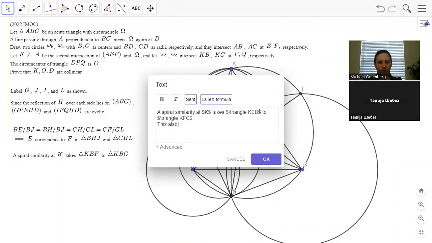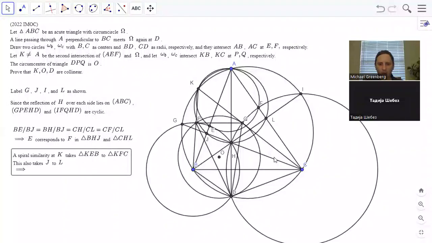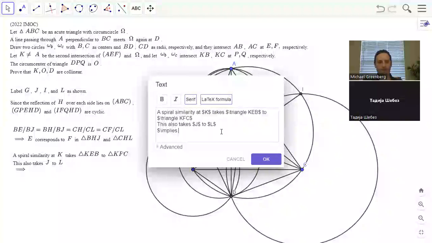This also takes J to L, and that means that KAJL is cyclic. I think that's a fine way to say it.